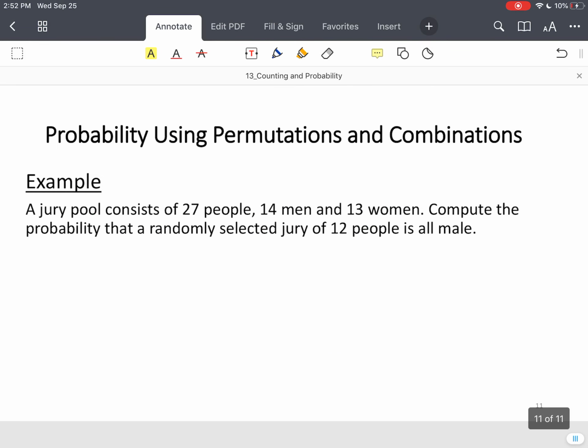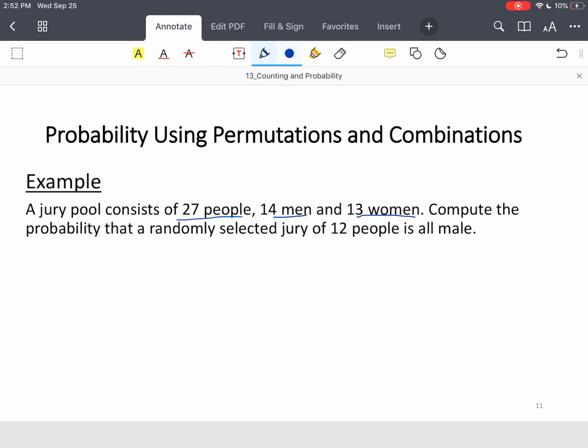And then our final example: we're trying to create a jury. We have 27 people in the jury pool, 14 of which are men, 13 of which are women. We want to compute the probability that a randomly selected jury of 12 people is all men. Remember, it's randomly selected, so we're assuming no bias in jury selection.